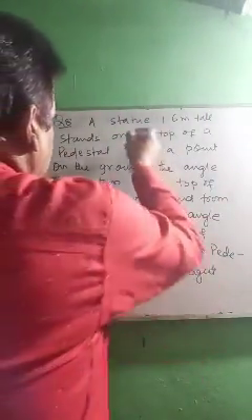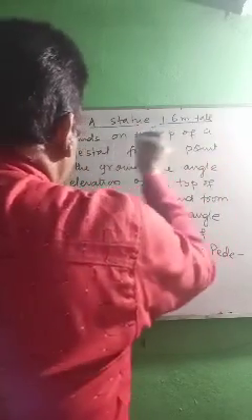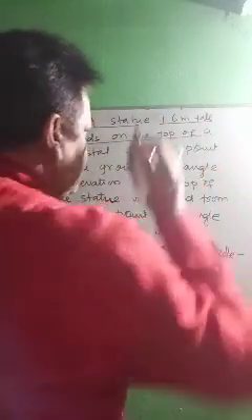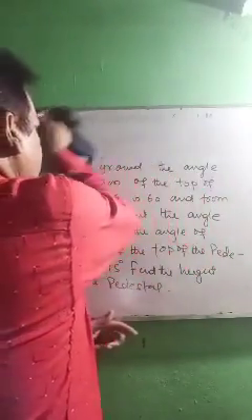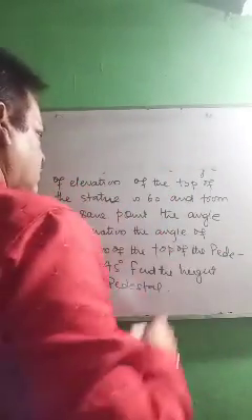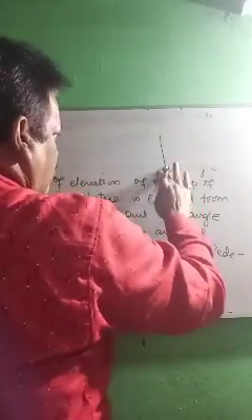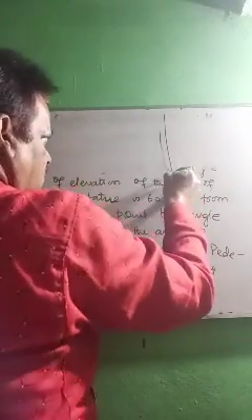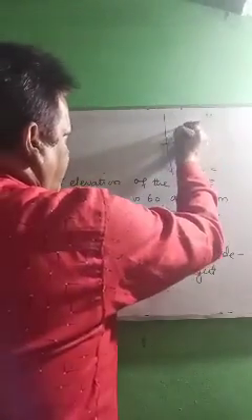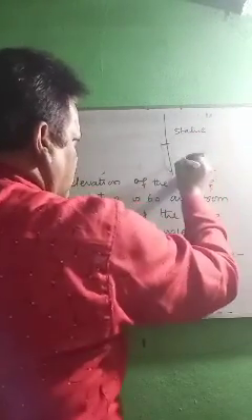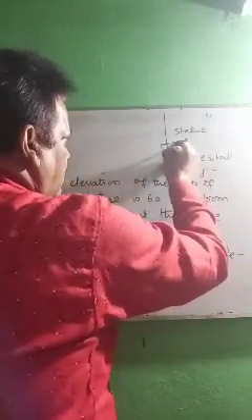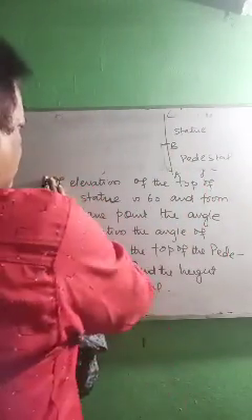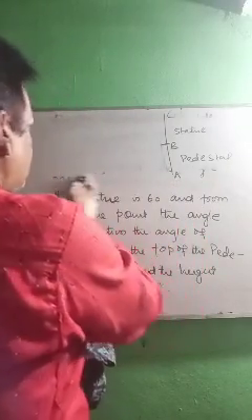Okay. Try to see. You have to remember some points. Statue is 1.6 meter tall, stands on the top of a pedestal. So if I take this as a total, this is statue, this is pedestal, A, B, C. Okay, angle of elevation top of the statue.